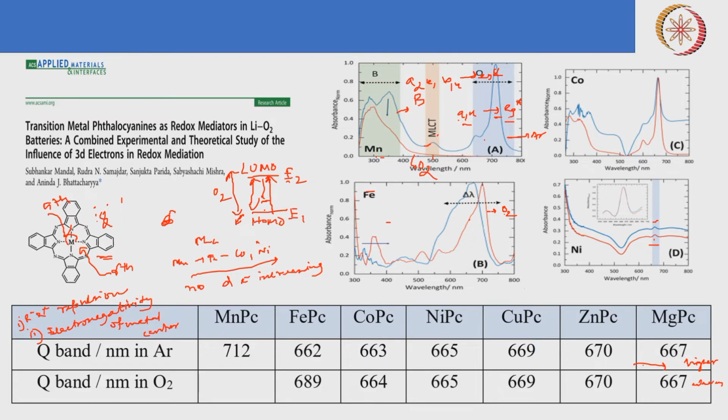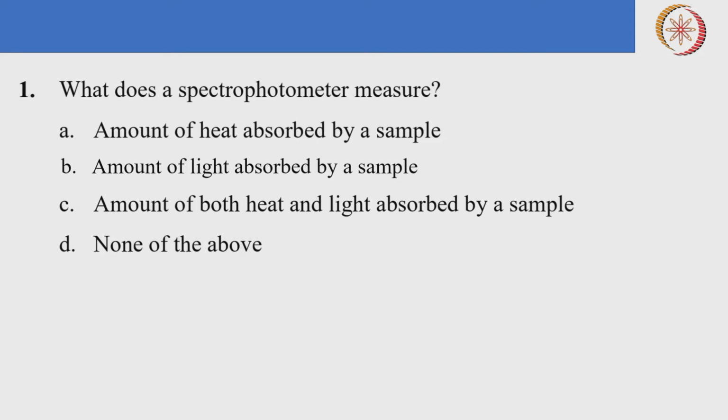As you can see, as the number of d electrons is increasing, the wavelength is going to the higher wavelength region, meaning the HOMO LUMO band gap is decreasing. That means the electron repulsion is more prominent compared to the electronegativity of the metal center. So this type of information we can also get from UV visible absorbance spectroscopy. Okay, so I think next we can discuss some questions.